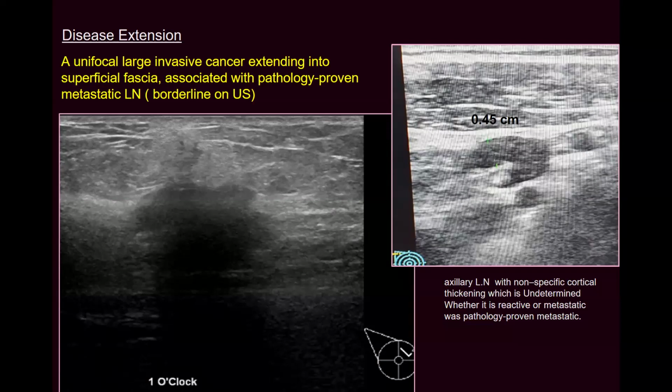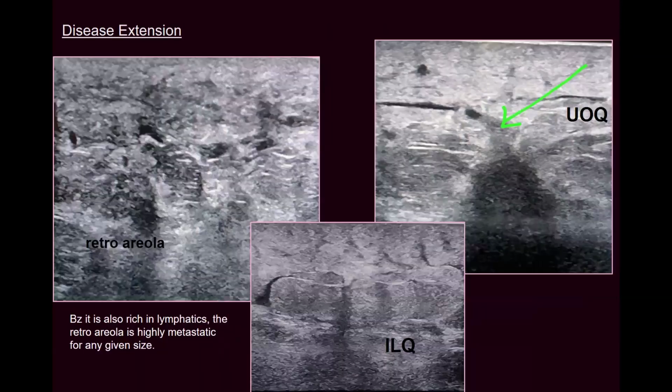On imaging, it is borderline, but a pathology proven metastatic lymph node. Why? Because if you look at the lesion extending, you see, even here, there is suspicion of focal lymphatic invasion of the overlying skin.